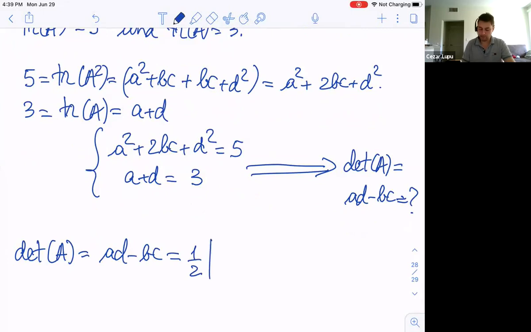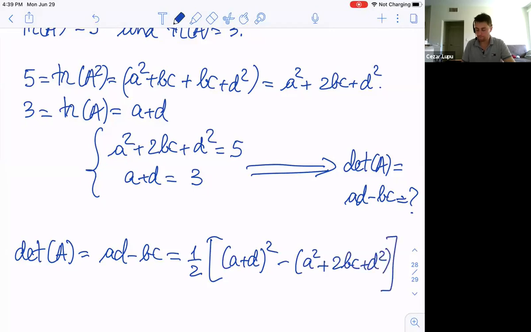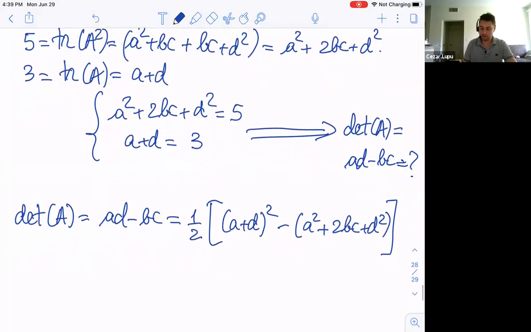It's 1/2 times (A plus D) squared, because here I know what this is, minus (A squared plus 2BC plus D squared), right? So this is nothing else than just 1/2 times (3 squared minus 5). And this will be 2. That was a trick. It was a bit tricky though, because you need to see this writing here.